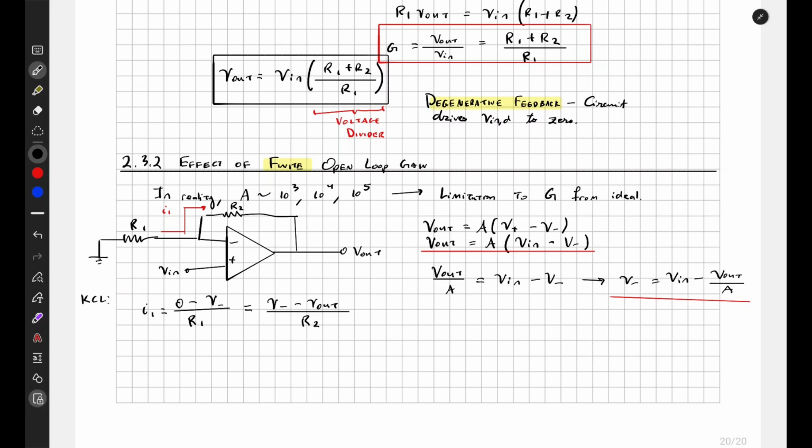So the thing is, we need to substitute the V minus equation that we have found into these parts where V minus appears. So I'm just going to write that.